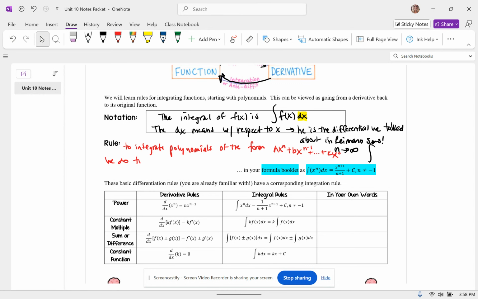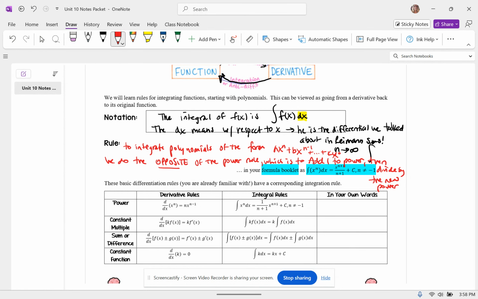We do the opposite of the power rule, which is to add 1 to the power, then divide by the new power.